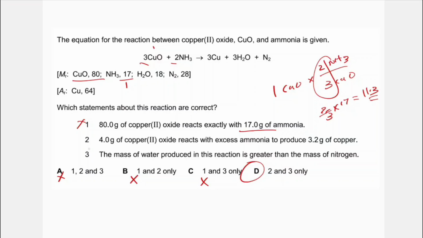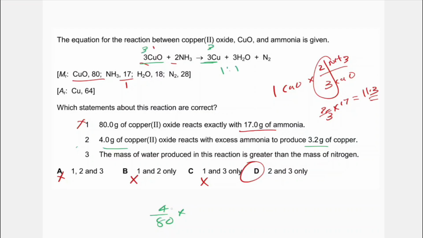Now look at the second statement. 4 grams of copper oxide reacts with excess ammonia to produce 3.2 grams of copper. So 4 grams of copper oxide is 4 over 80 moles of copper oxide. And with excess ammonia, you don't have to worry about ammonia. So to produce 3.2 grams of copper, it's 3:3, which means they are 1:1.